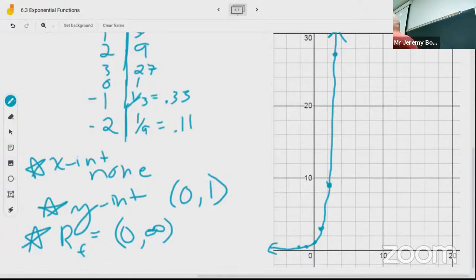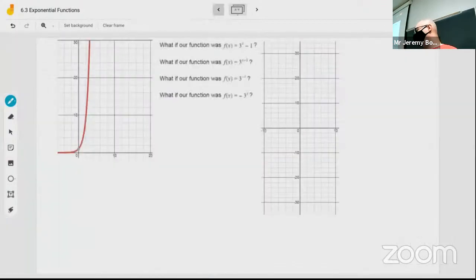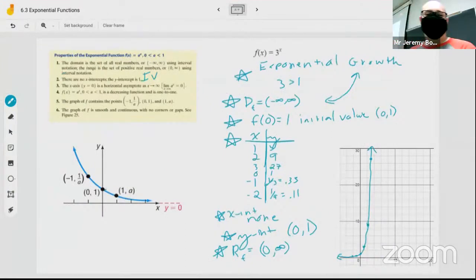It may be from -3 to infinity, or from 5 to infinity, depending on how it's shifted. But there's always going to be some horizontal asymptote. We will talk about that in a little bit. It's always going to have some starting spot, and it's going to go to either infinity or negative infinity, depending on what happens. Any other questions on that?